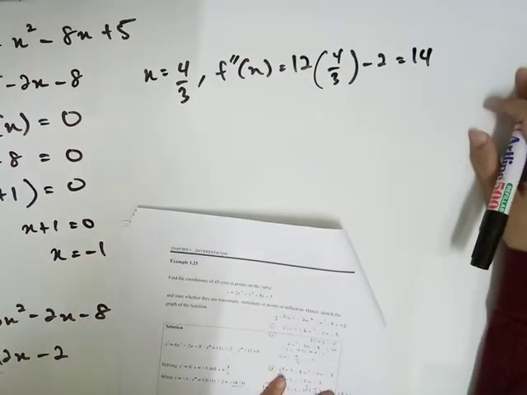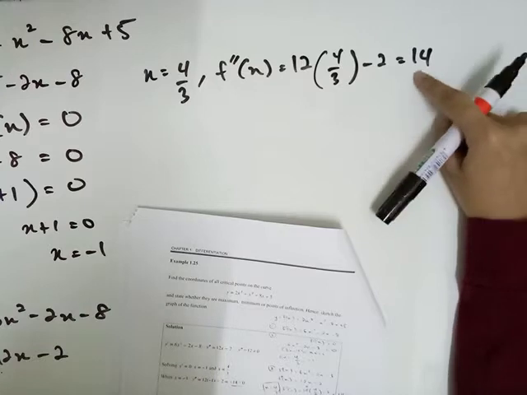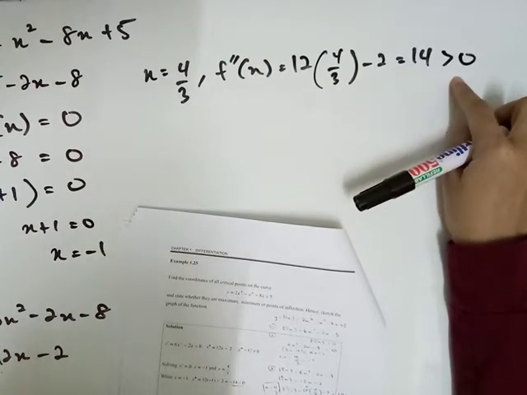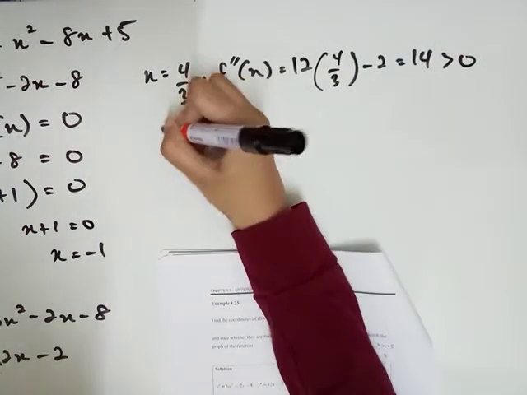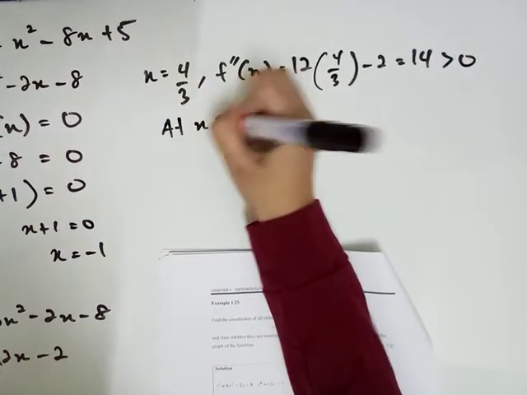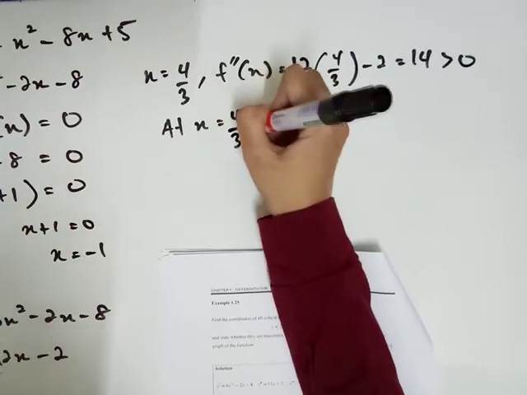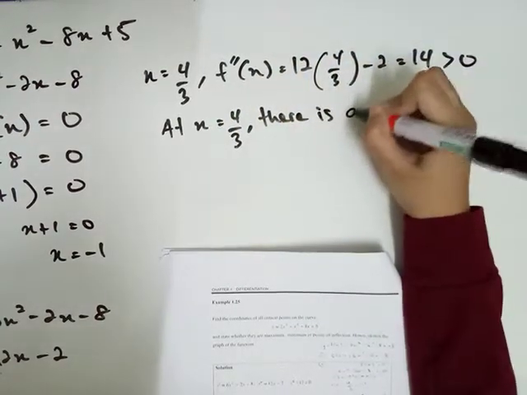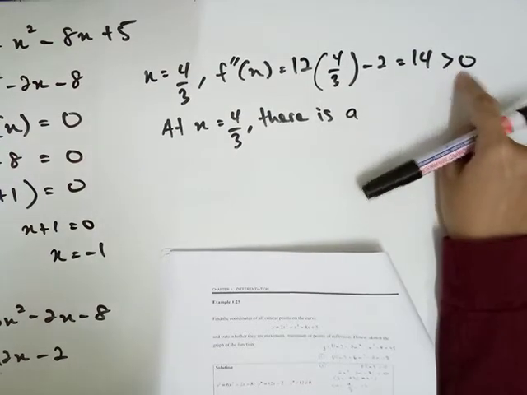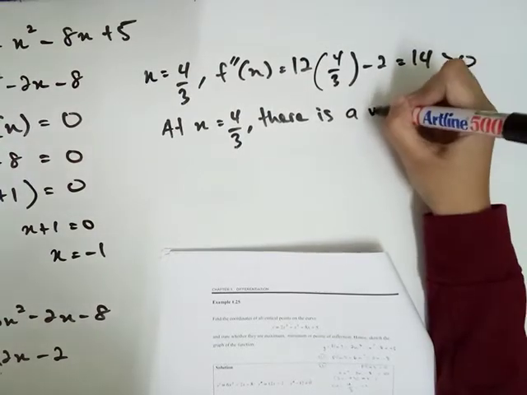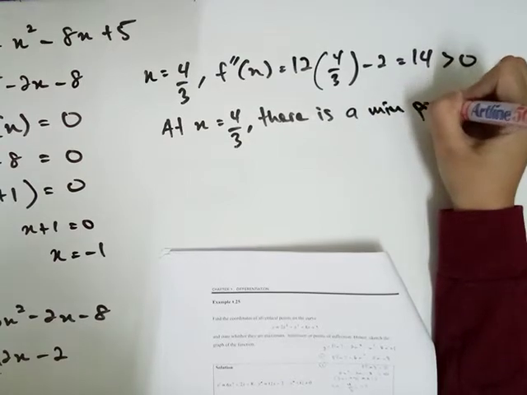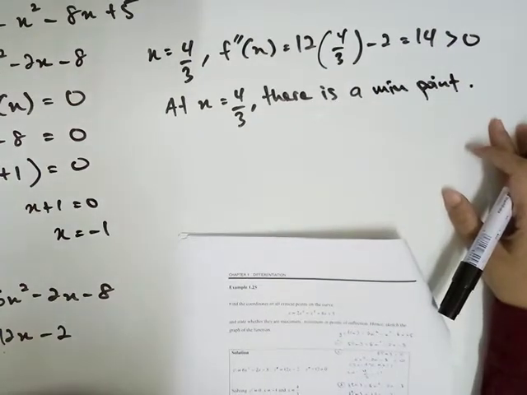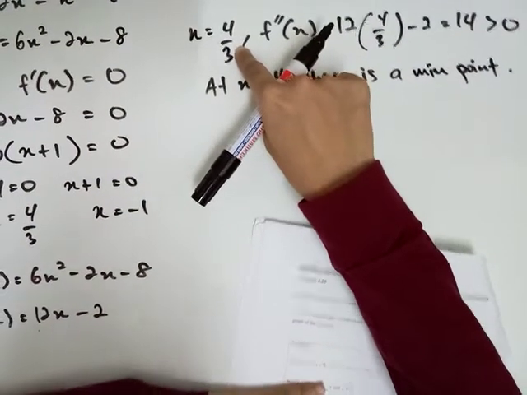So 14 is more than 0, a positive value. So you need to describe: at x equals 4 over 3, when more than 0, there is a minimum point. That's it, to describe. This is for x equals 4 over 3.